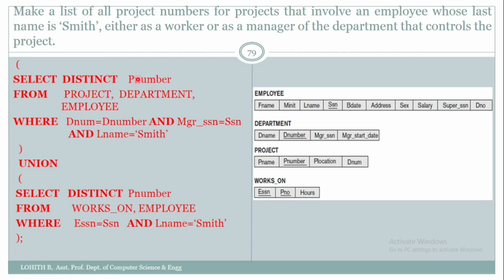In the first one, Smith is a manager. So for both the project numbers, we perform a union operation, and the resultant relation is nothing but the project numbers for projects that involve an employee whose last name is Smith, either as a worker or as a manager. Whenever you have an or phrase, you need to make use of a union operation.